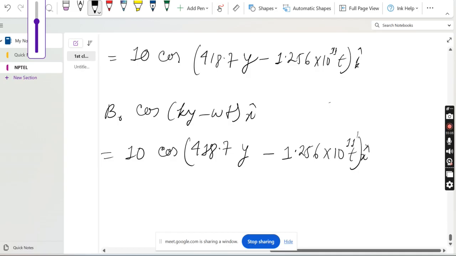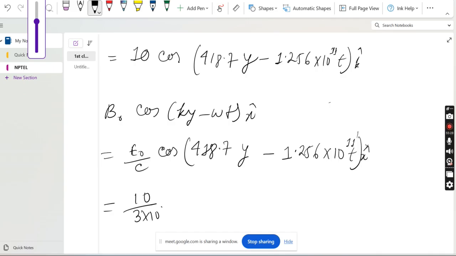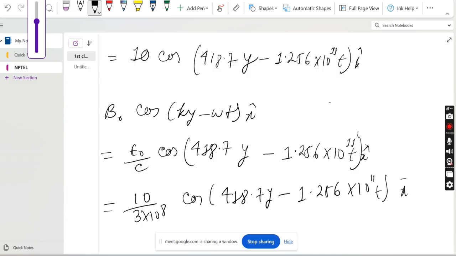So the electric field is 10 cos ky minus omega t, and the magnetic field is, sorry, here the magnetic field would not be 10, it would be E naught by c, which is 10 by 3 into 10 to the power 8, cos 418.7 y minus 1.256 into 10 to the power 11 t, x cap.